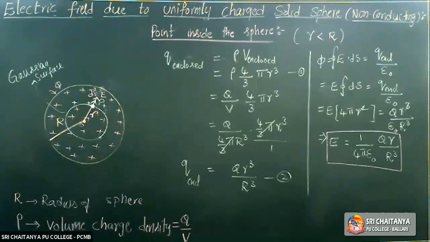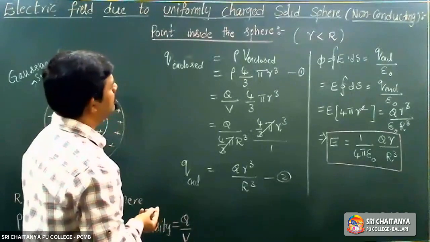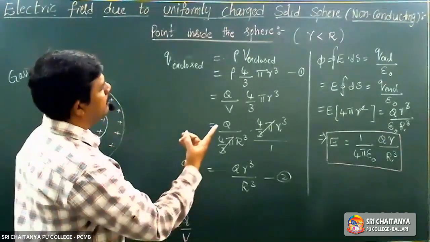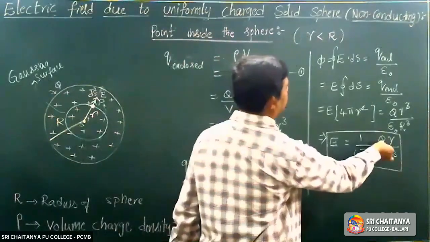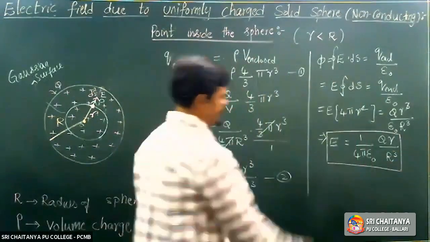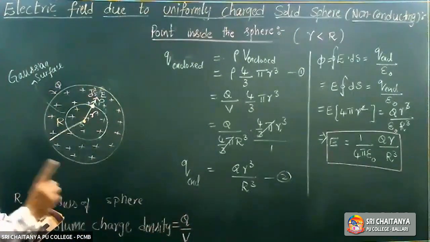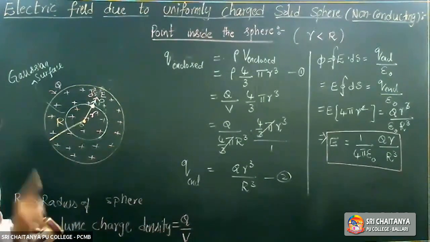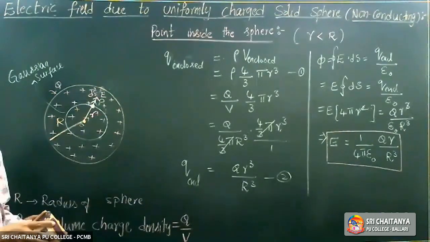In place of this Q, we want to write that E in terms of rho. Completed noting down?